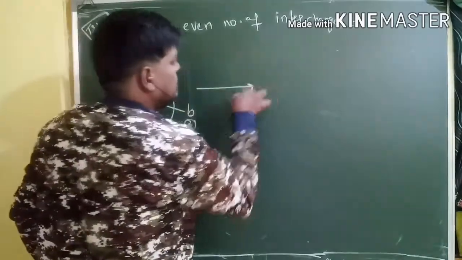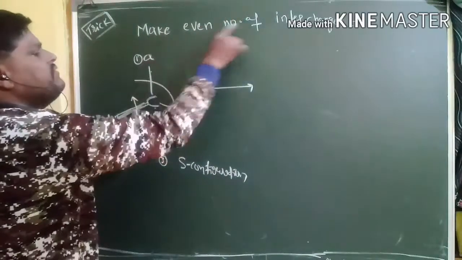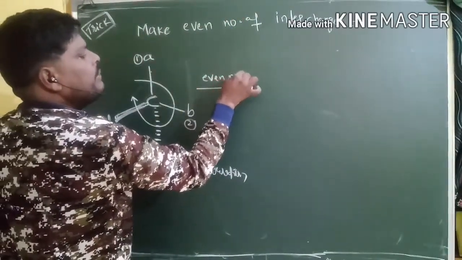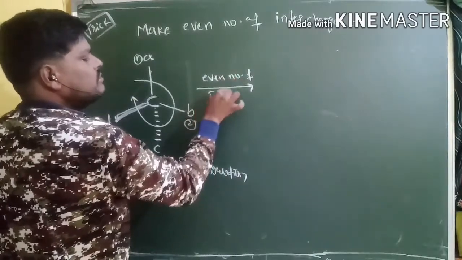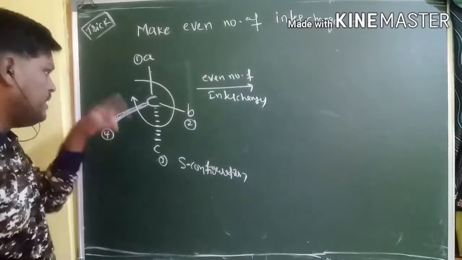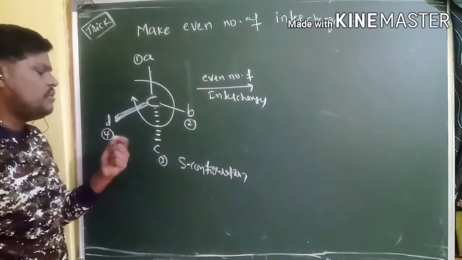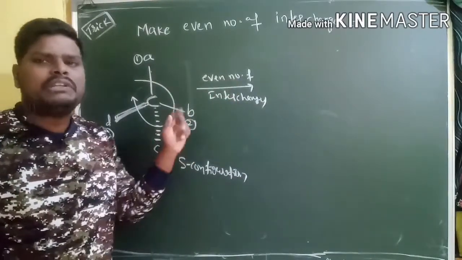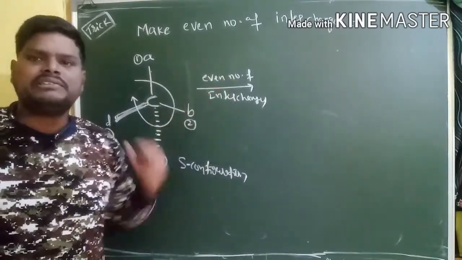Right? So now make an even number of interchanges. When the least priority is not present on the broken wedge, take an even number of interchanges. What is the meaning of an even number of interchanges here?